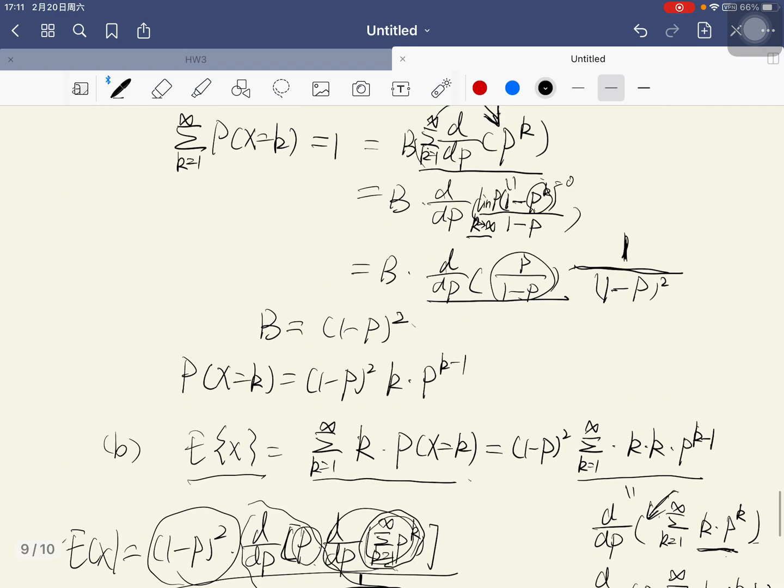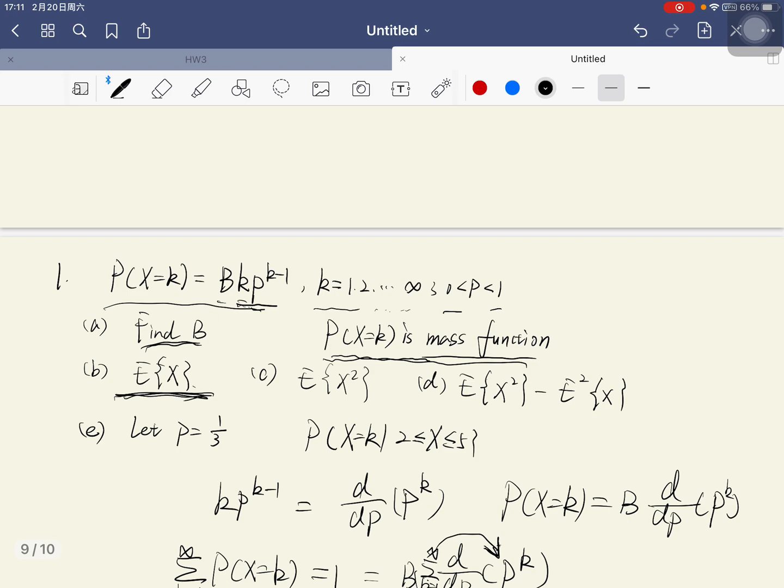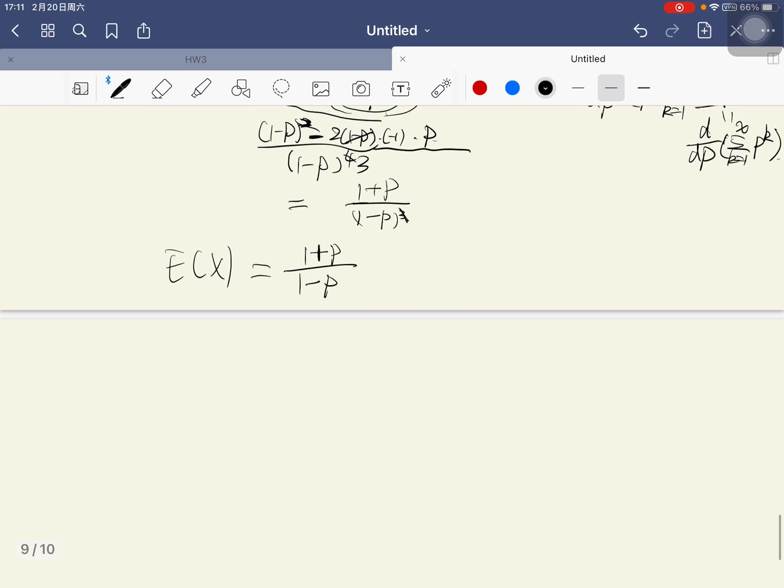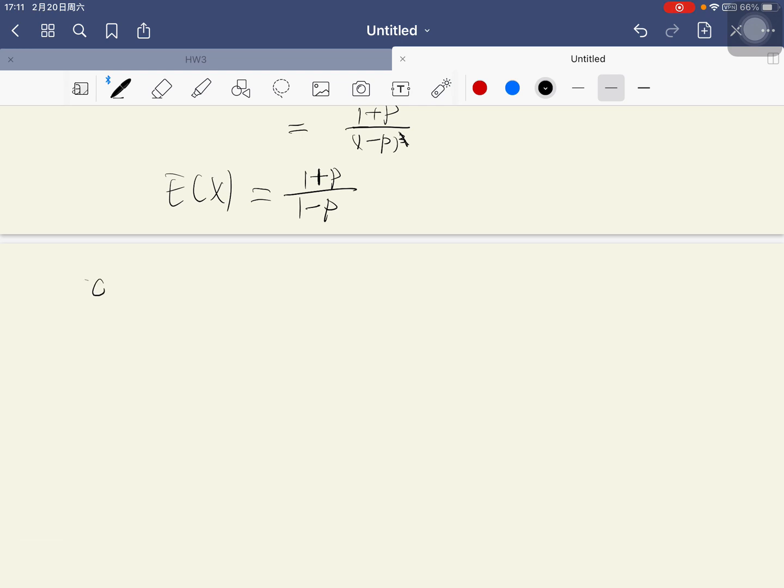And for question C, we want to compute E[X^2], so we could also use the above value. E[X^2] is equal to the sum over k from 1 to infinity of k^2 times P(X = k).